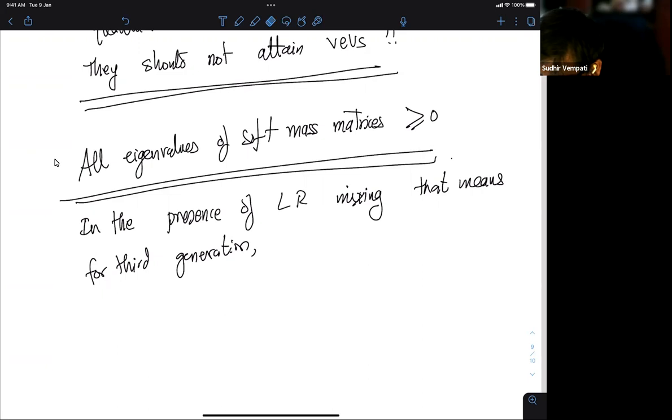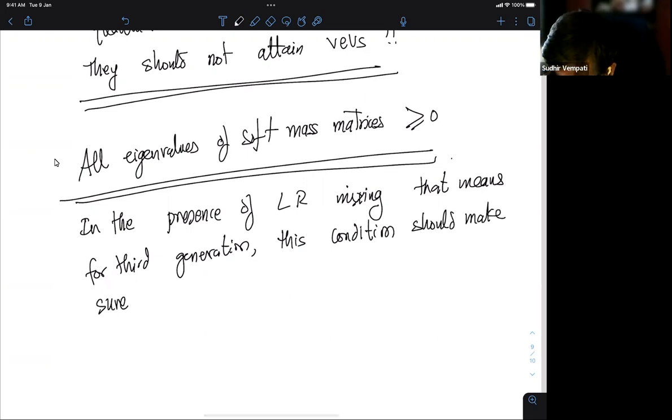We don't have to go into the details, but this condition should make sure that the lightest eigenvalue is always positive.